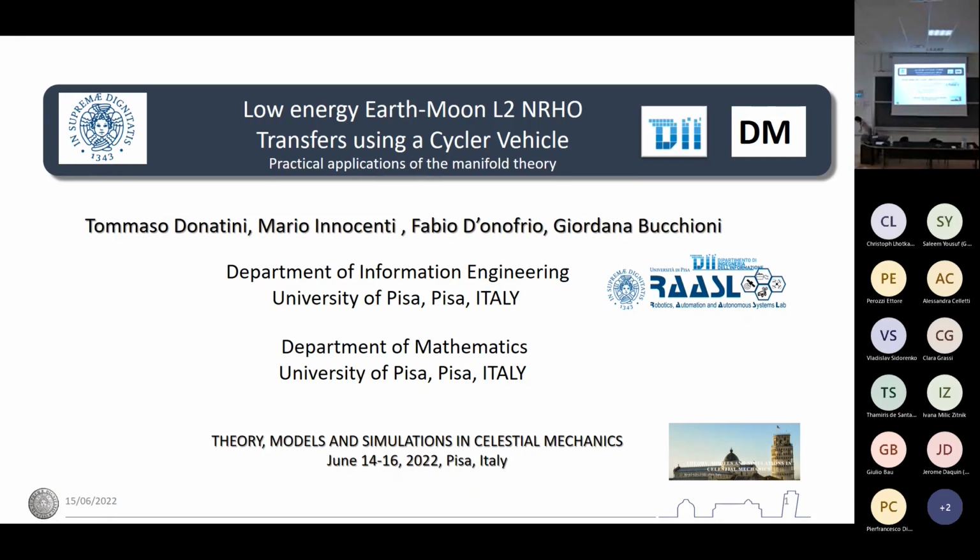This mix is also the idea behind my research, because I'm trying to take advantage of the knowledge of the dynamics of the restricted three-body problem to propose innovative solutions to increase the autonomy of spacecraft. And this is also the idea behind this preliminary study for transfer between Earth and the Moon.